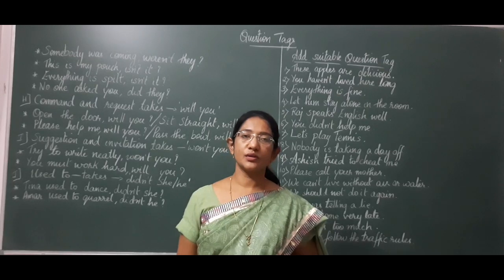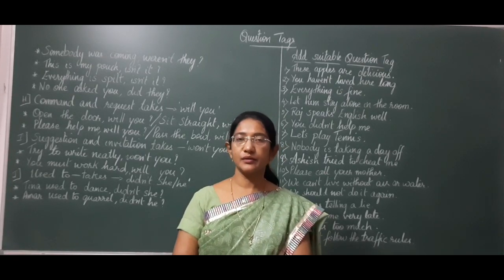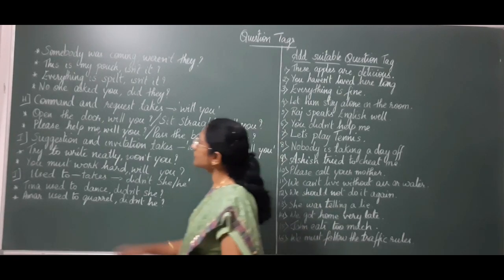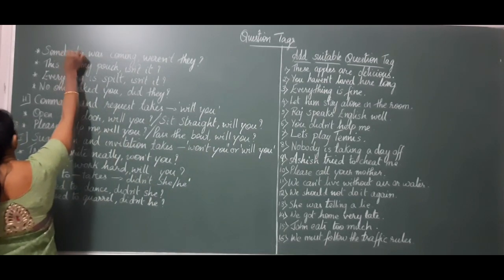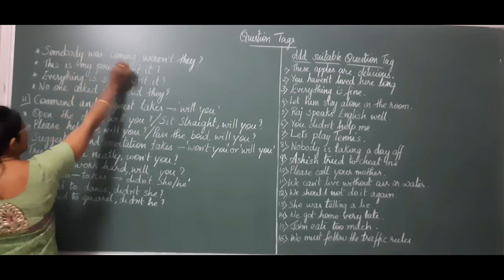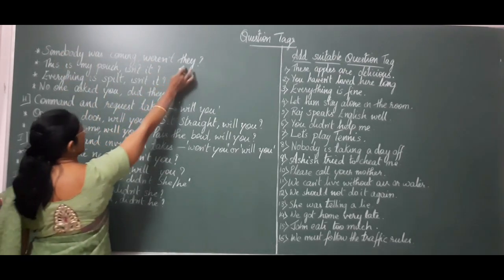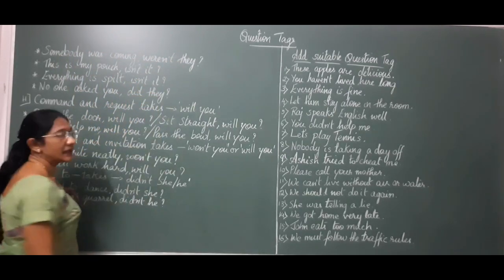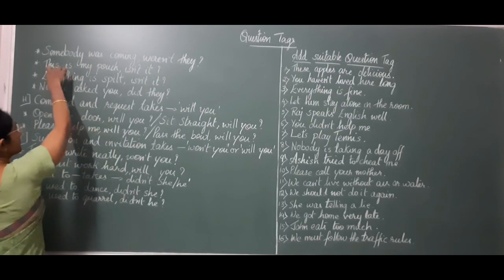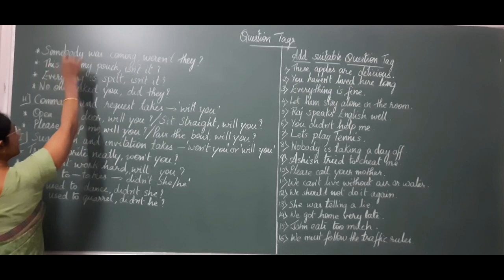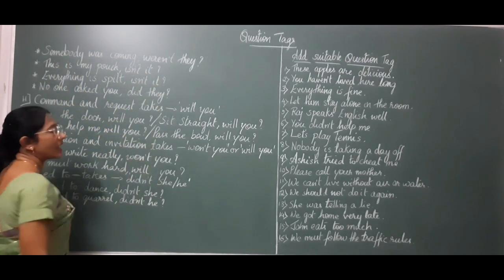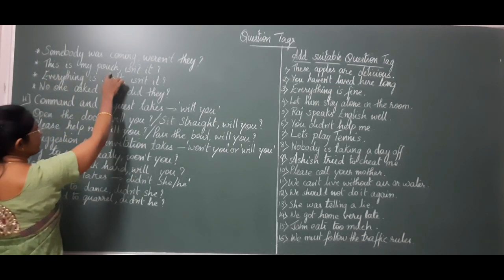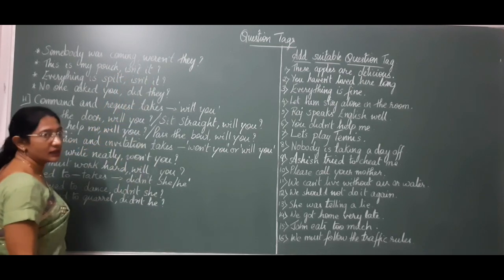A few examples on suitable use of question tag to the subject. Somebody was coming, were they? So for the subject somebody, we are using they. Somebody takes the pronoun they, and since it is in a positive form, we have taken a negative tag. Where there is the subject this, it takes the pronoun it as a tag.